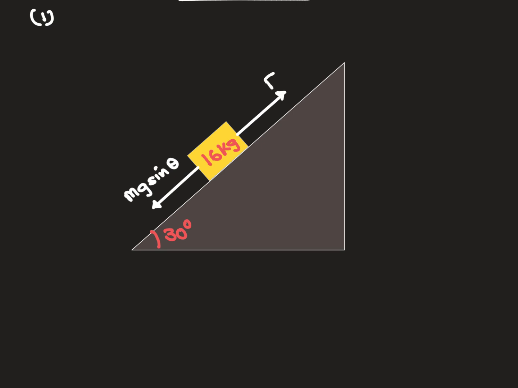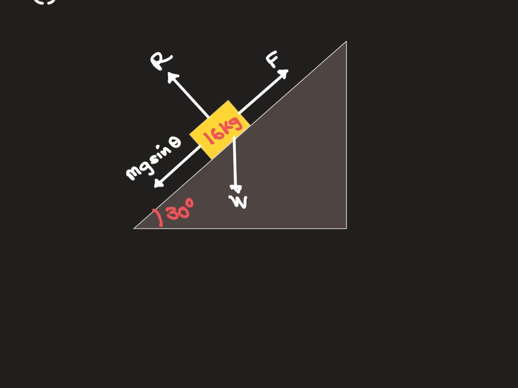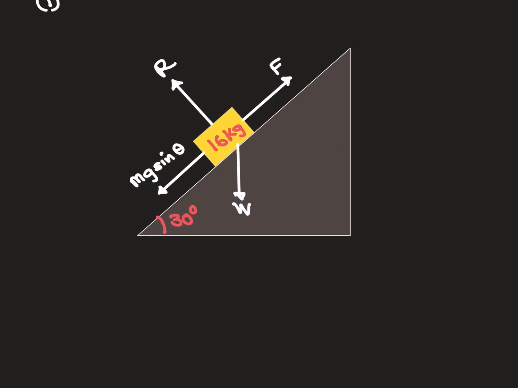That is F. We can complete the diagram by indicating the normal reaction R, and the weight comes vertically downwards. So this is the first case. Since the body is accelerating down the plane, mg sin θ must be greater than the frictional force, otherwise the body would not go down the plane, right?